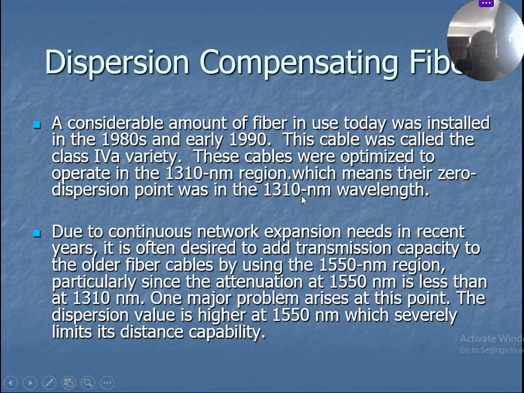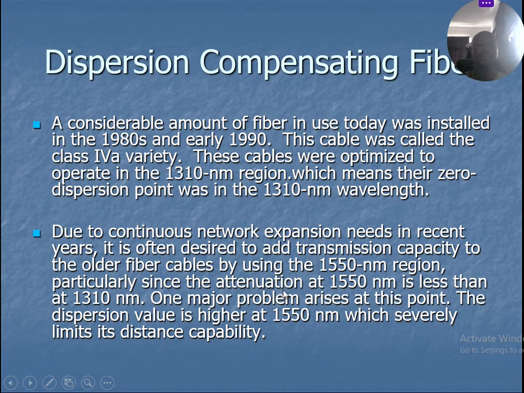However, today we're trying to increase it to the 1550 nanometer wavelength so that we can have not only dispersion reduced when you go to 1550, but also low attenuation, which becomes a big advantage for us.